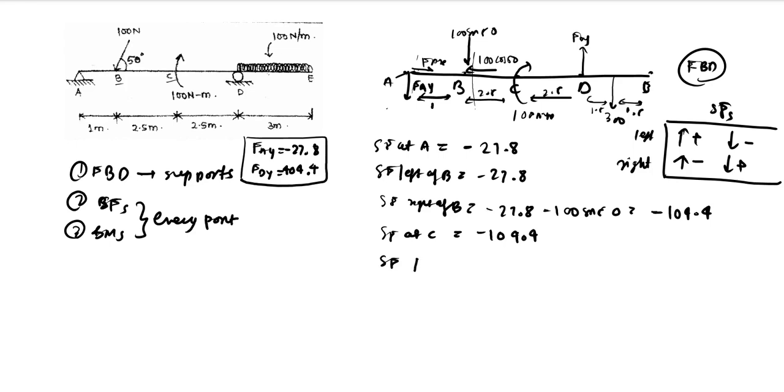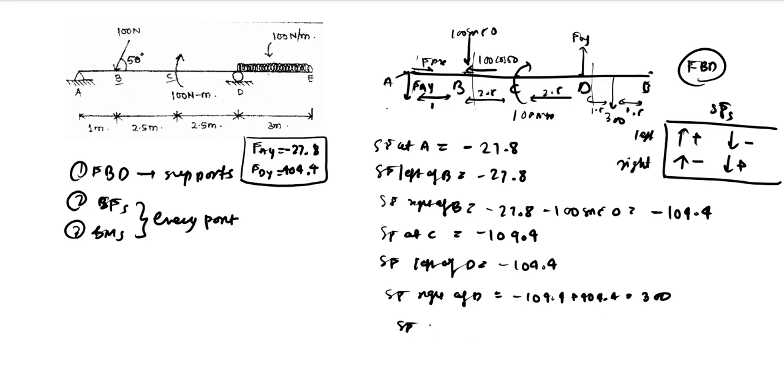Shear force just left of D will be the same as at C, which is minus 104.4, because there is no force in between C and D. Now the shear force right of D. Right of D, you need to add this FDY also, because we are considering force on the left. So left of D is minus 104.4, and adding the FDY force, minus 104.4 plus 404.4, which is 300.